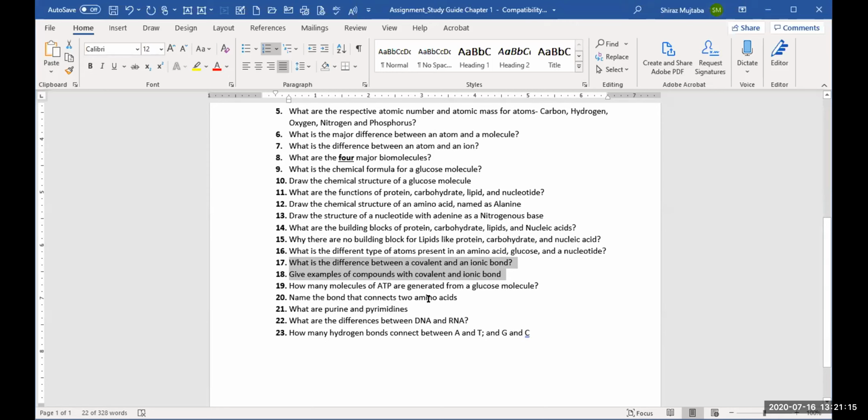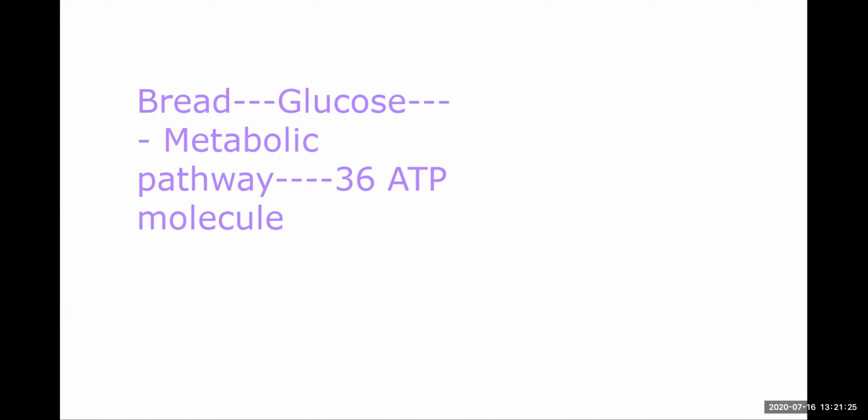So let's go to the next question. Name the bonds that connect two amino acids. I mentioned to you that in English literature, there are 26 alphabets. In the world of proteins, there are 20 amino acids.